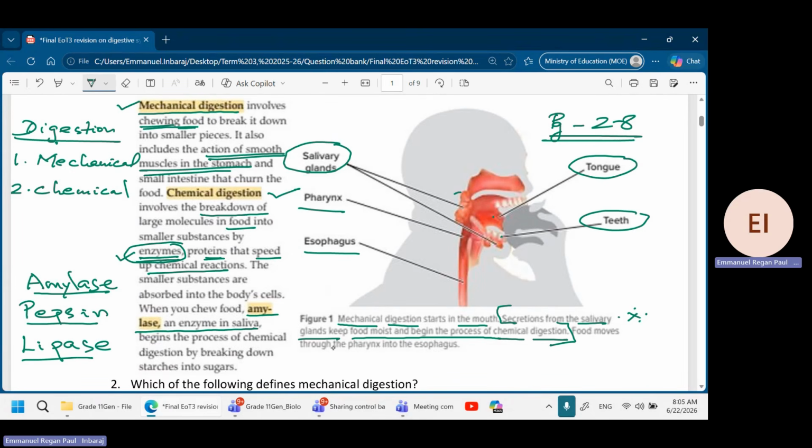Chemical digestion begins in the mouth. Don't forget. And the food moves through the pharynx to the esophagus. These are the details that you need to study on page number 28.